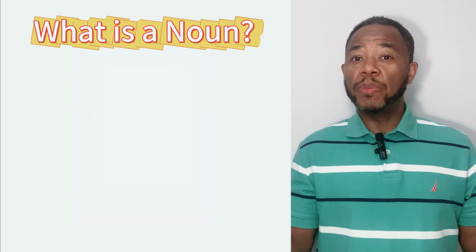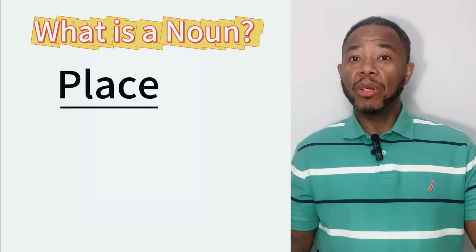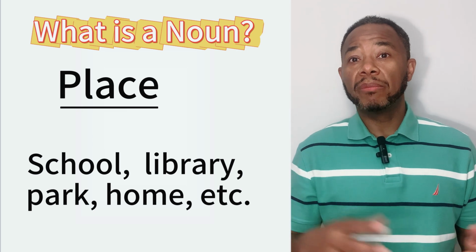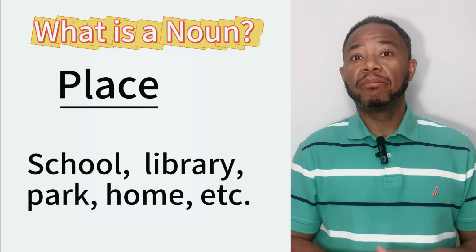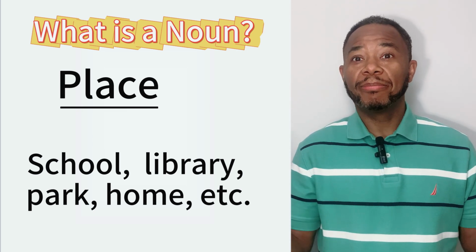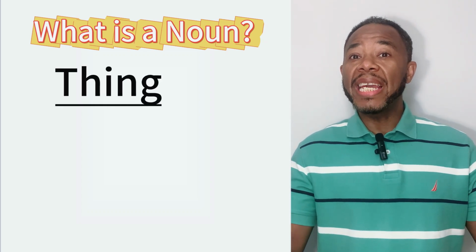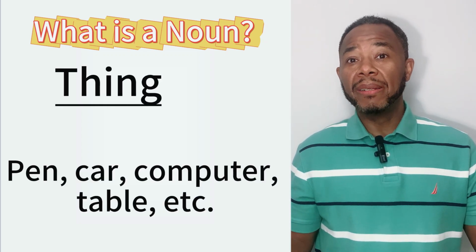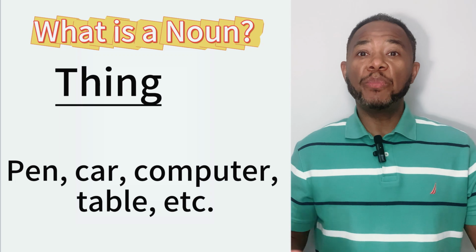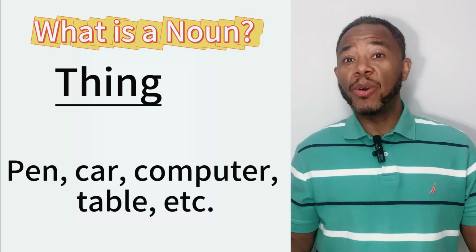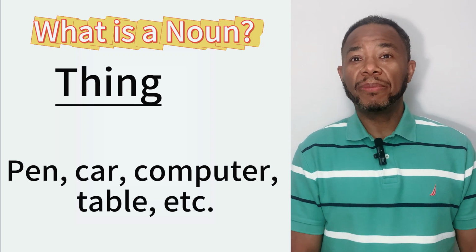A noun can also be a place, a school, a library, the park, home. It can also be a thing, a pen, a car, a computer, a table, and so on.